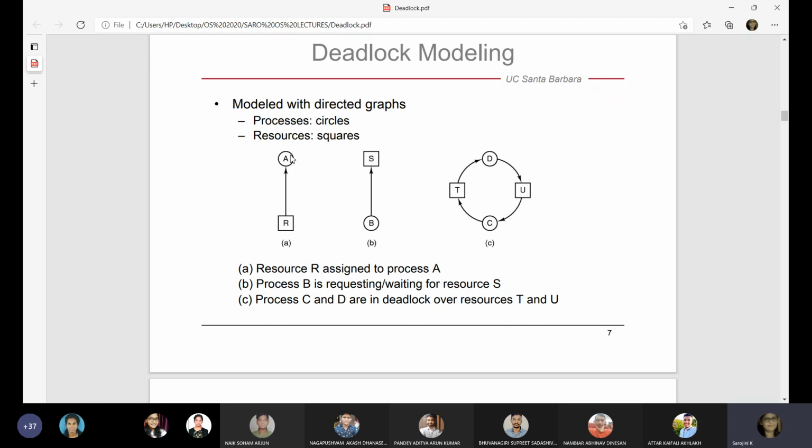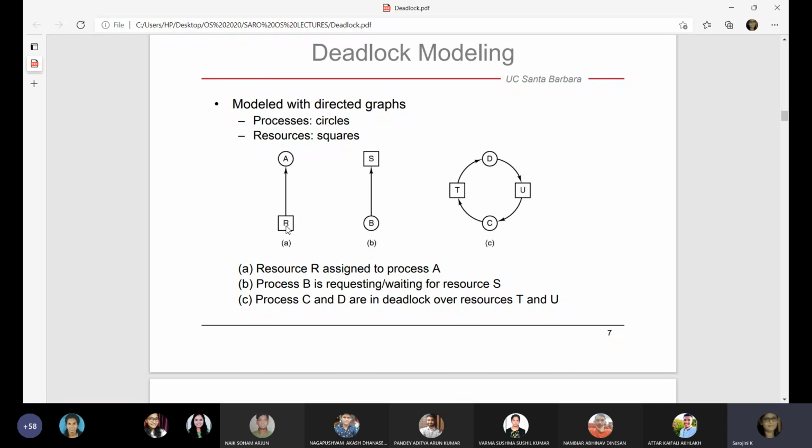If you stand at the position of the process and see the arrow coming towards the process, that means the process is currently holding the resource R. The arrow is coming towards the process, so the process currently has this resource.